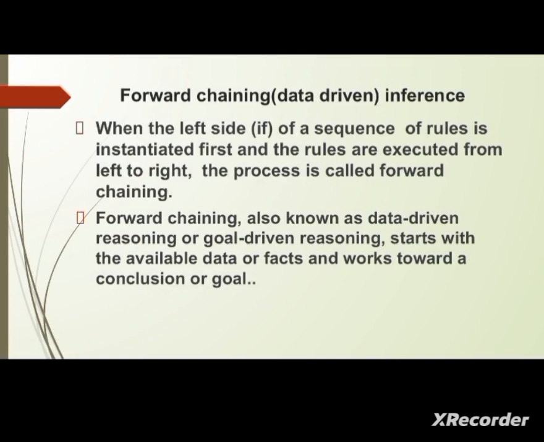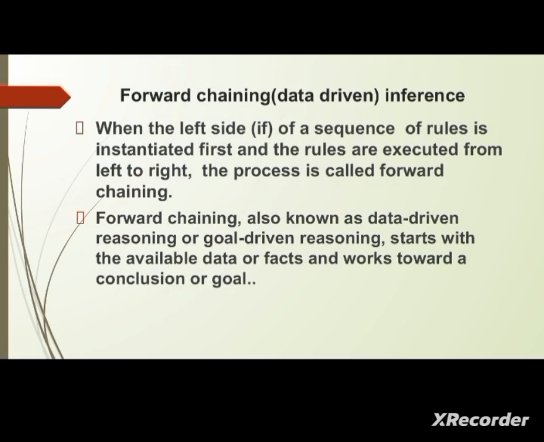So forward chaining is also known as data-driven reasoning. It starts with available data or facts and works towards a conclusion or goal. We already have available data and facts, and from those we work towards the conclusion or goals.